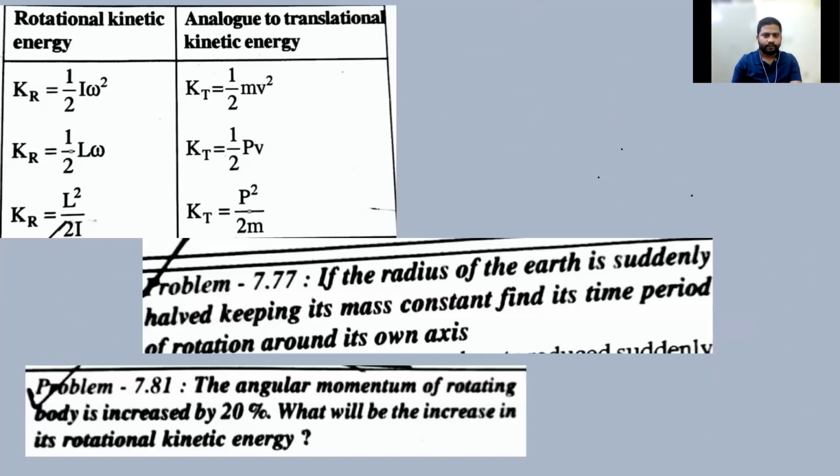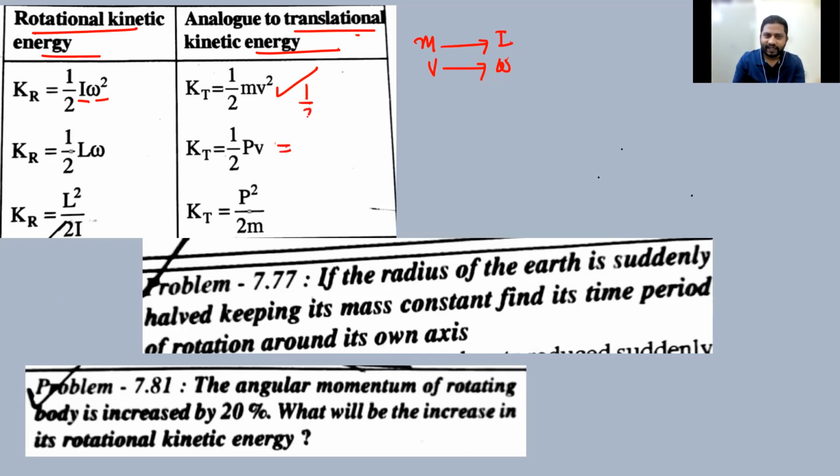Look here. This is rotational kinetic energy and this is translational kinetic energy. You know, half m v square, and this will become half into I into omega square. Yes, mass will be replaced with moment of inertia, and velocity will be replaced with angular velocity. Look here, half m v square: where did you get this?